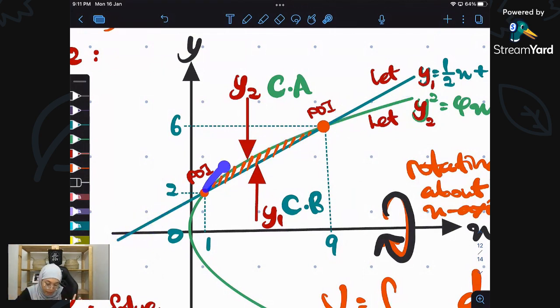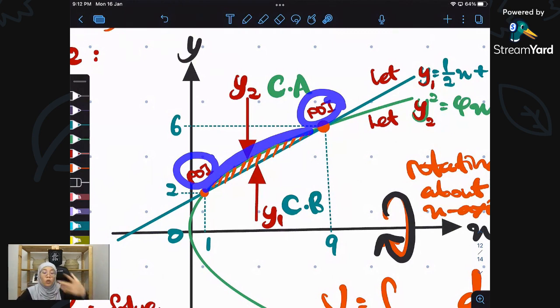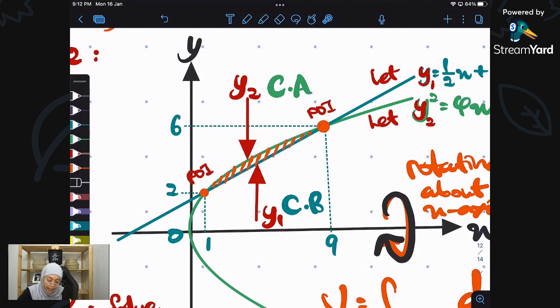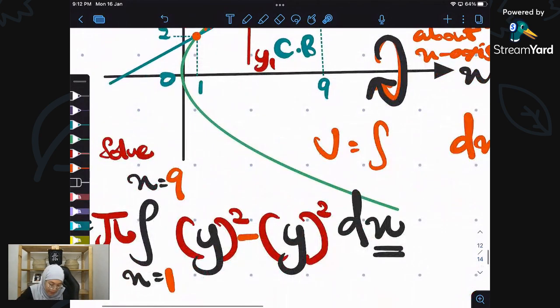Saya cuma nak baca curve di dalam, di antara point of intersection sahaja. So this is called as curve atas. So curve atas akan ditolakkan dengan curve bawah. And so y2 will be minus with y1. And so I can label it, my y2 will be minus with y1.